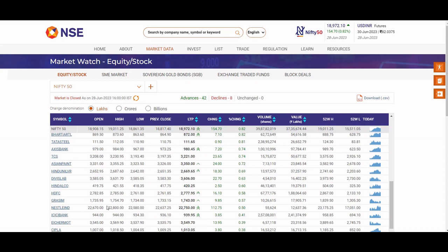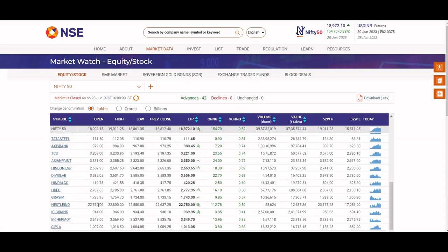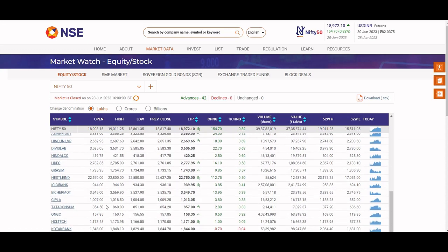So if you want to invest only 10,000 rupees, there is no possibility at all to invest this way, because one stock itself is trading around 22,670 rupees. You cannot invest your 10,000 or 20,000 rupees. You need a huge amount if you want to invest in Nifty 50 using this method number one.